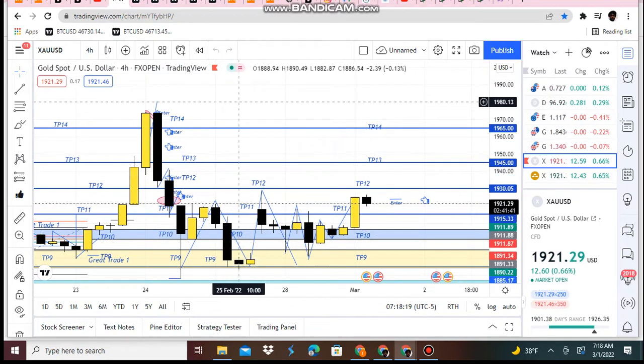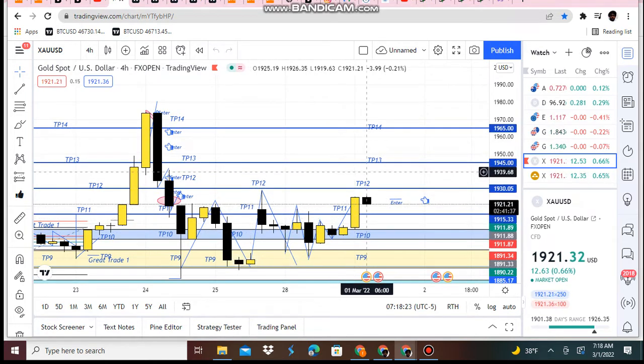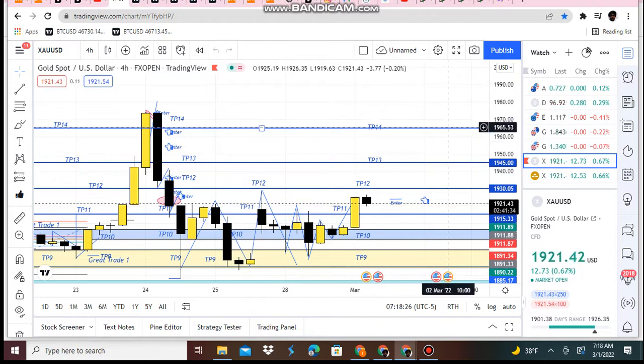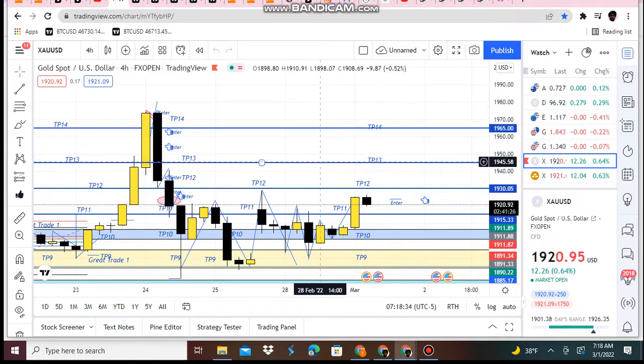So we have to look at the overall direction, looking on a 4 hour, and then we could go to the 15 minute for structure for entries. But looking on a 4 hour, on a higher time frame, you can see that we're clearly in a downtrend.